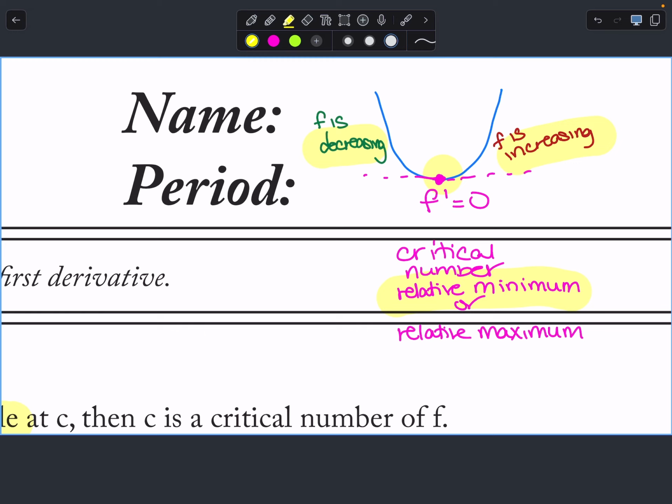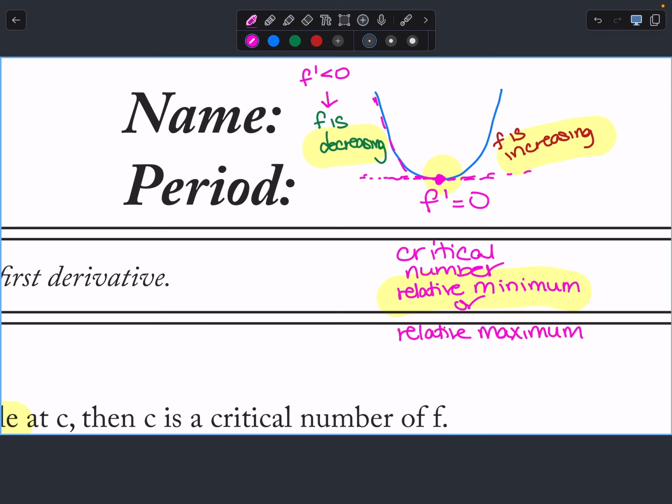Okay. But now, how do I know that f is decreasing without graphing it? That's the key. Well, I drew this horizontal tangent line, right? So what if I drew tangent lines along the left side of the graph? All of these derivatives would be negative slope. So all the derivatives would be less than 0.